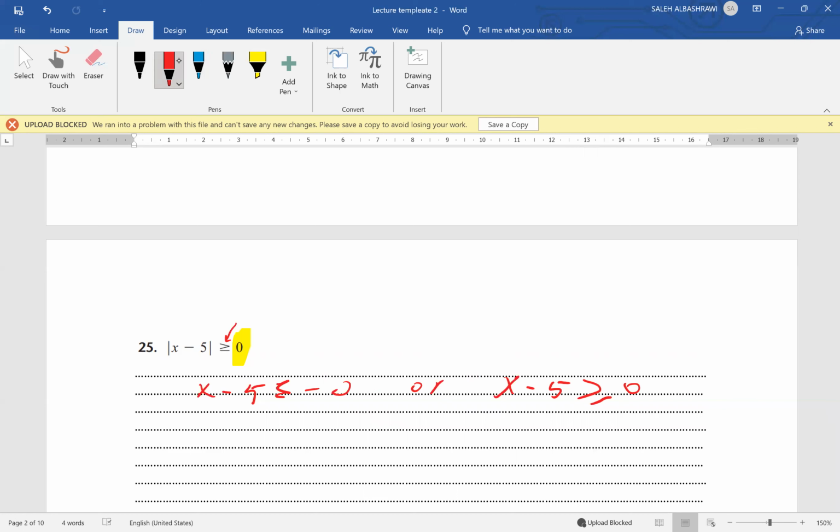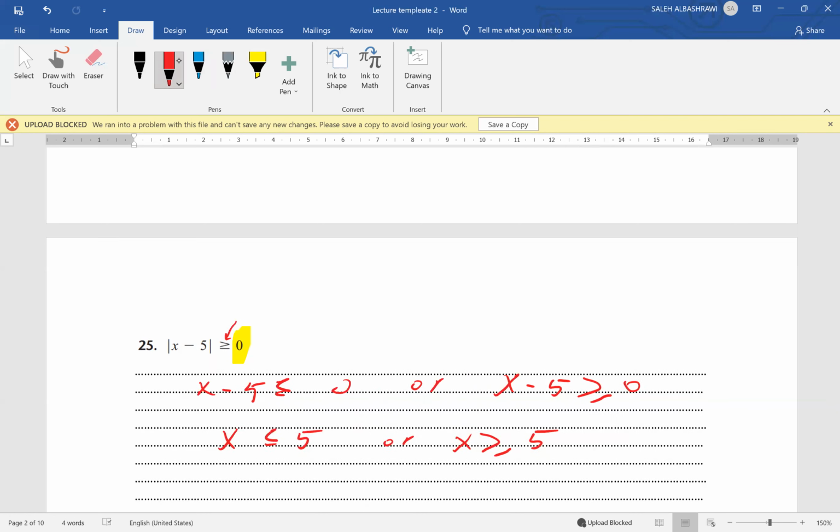So if I just remove this one, it is either less than or equal to 0 or greater than or equal to 0. It means x will be less than or equal to 5 or x greater than or equal to 5.